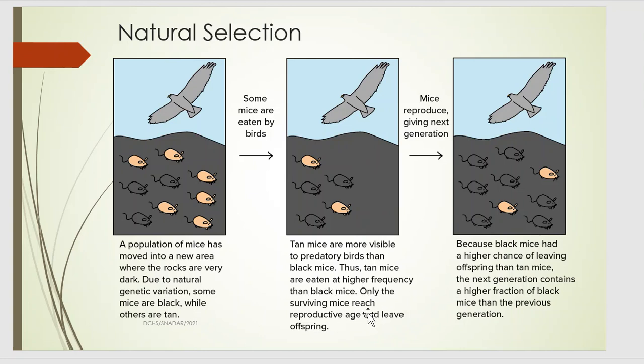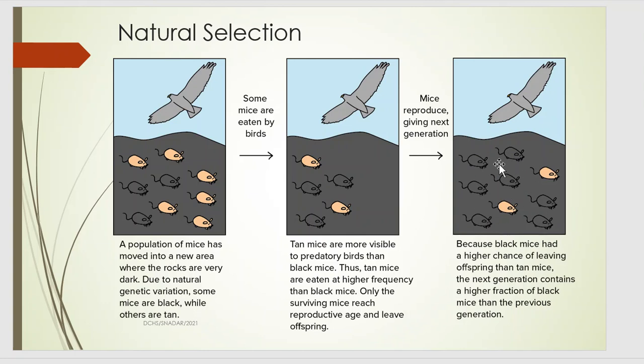Only the surviving mice reach reproductive age and leave offspring. So only the darker ones, the black ones, successfully reach reproductive age, so they can pass their alleles or genes to the next generation. And you can see that over time, the number of black mice is increasing.